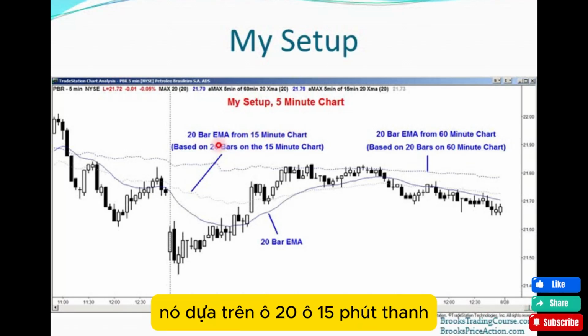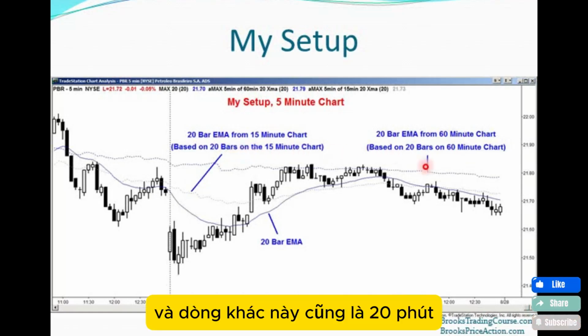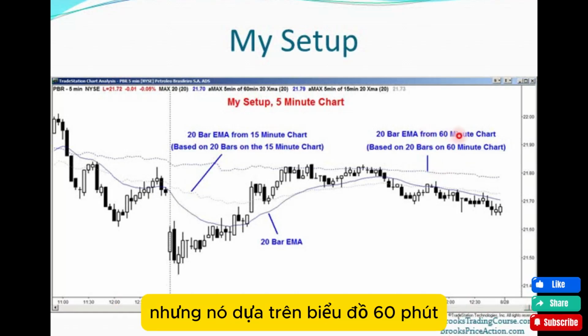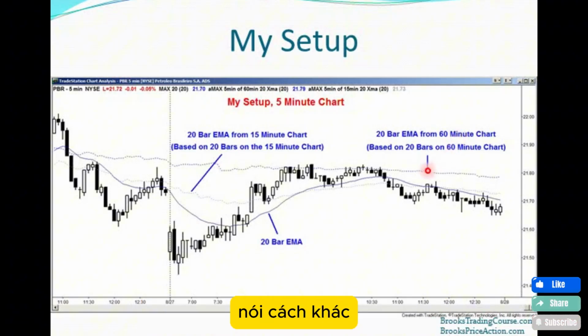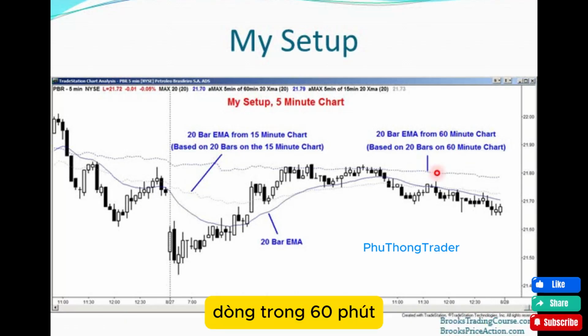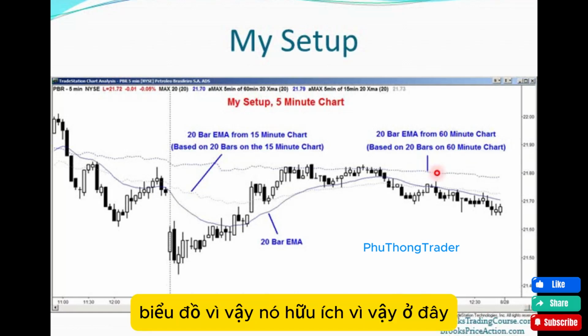So in other words, it's based upon 20 15-minute bars, and this other line is also a 20-bar exponential moving average, but it's based on the 60-minute chart. In other words, this line is exactly at the prices that I would see the line on a 60-minute chart.